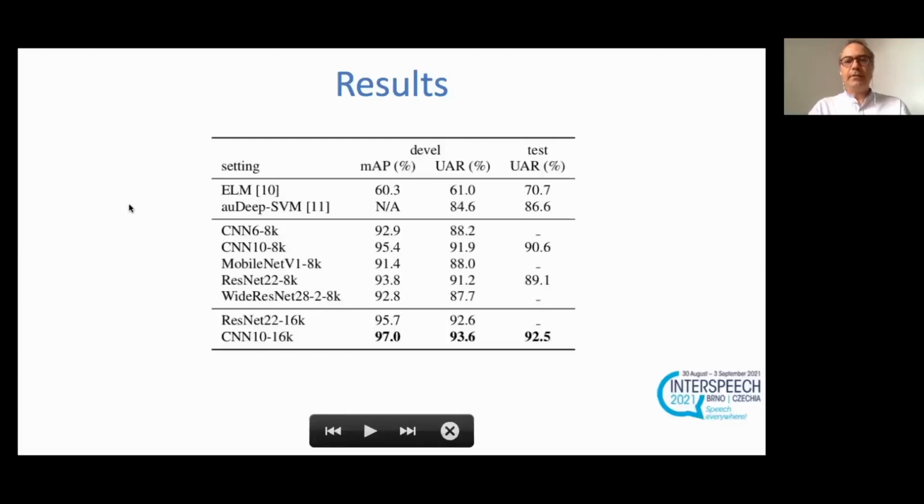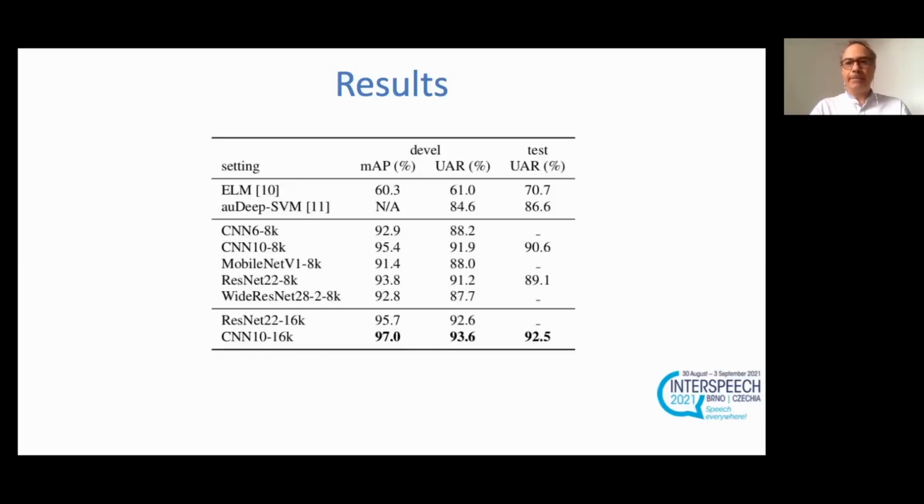In this slide, I'm showing the comparison between the different models. So we trained models with 8 kHz sampled audio and 16 kHz sampled audio, which was the original sampling rate.